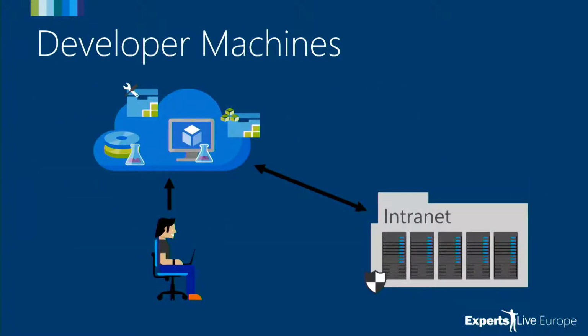Basically, there are maybe 4 different scenarios for DevTest Labs. The first of all, and the most popular one, is probably dev machines. So you have some devs in your company, and you have to provide them some machines to do their development. So instead of providing these machines on your infrastructure on-prem, you can use Azure DevTest Labs.